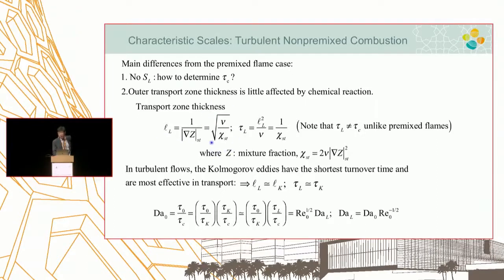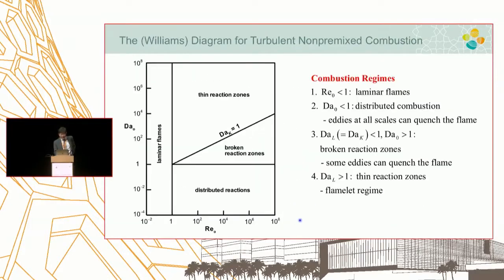That has nothing to do with chemistry. On the other hand, chemistry timescale is still there, and that should be based on the Damkohler number. So we have two different Reynolds-Damkohler diagrams that can still be drawn like that. So infinite Damkohler number is possible.